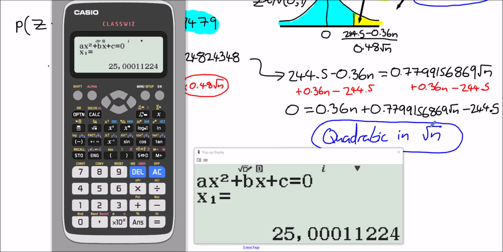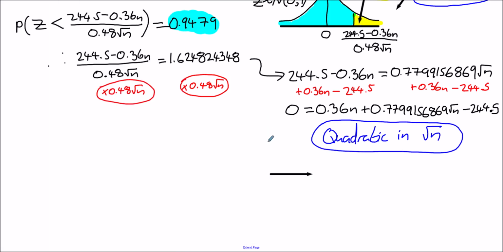So therefore the quadratic in root n must be 25. So therefore n itself must be 25 squared, which is 625. So without scaring you too much, I'm hoping to show you that these questions can be pretty nasty.